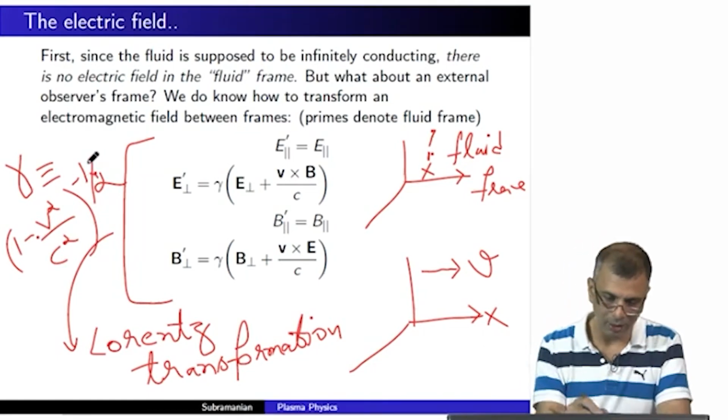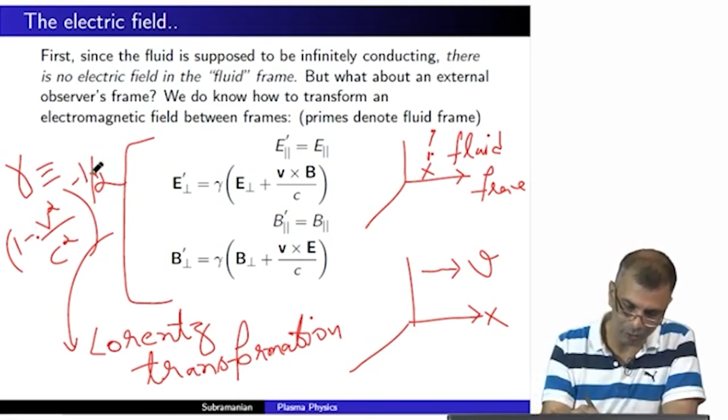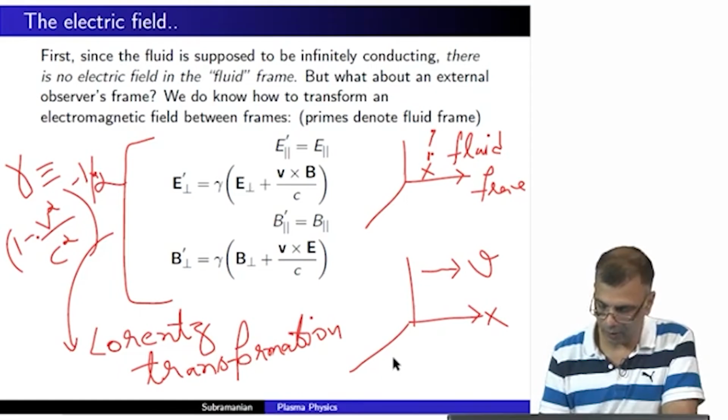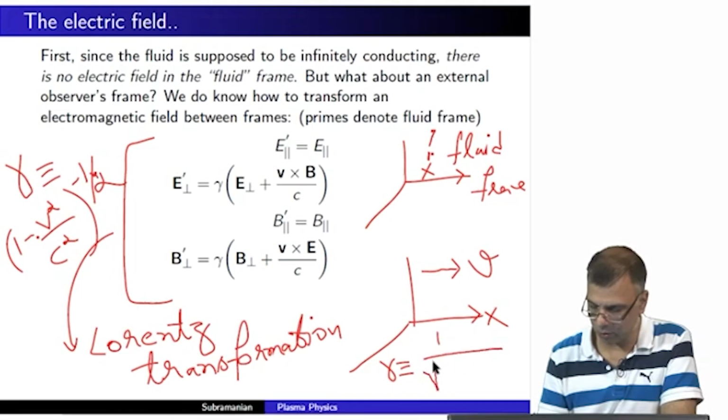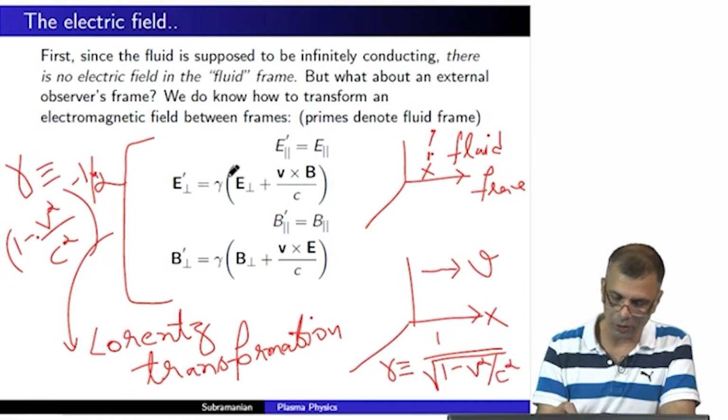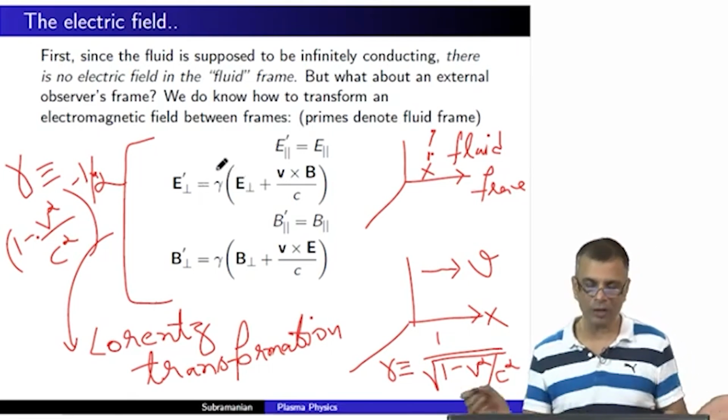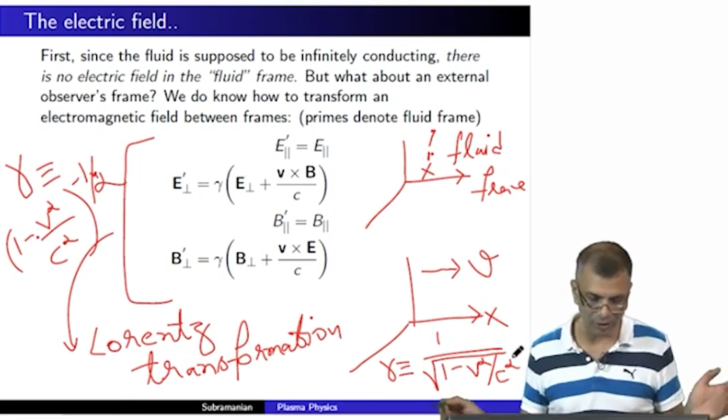Yeah, well, it's a little difficult. So, gamma is 1 over square root of 1 minus v squared over c squared. Okay, so that is what this gamma is. It is essentially a function of v. Okay, c is the velocity of light.